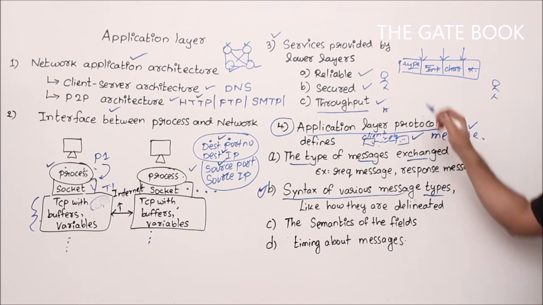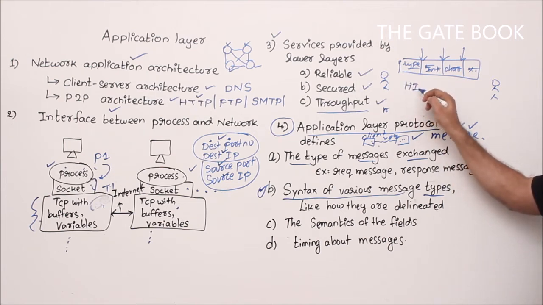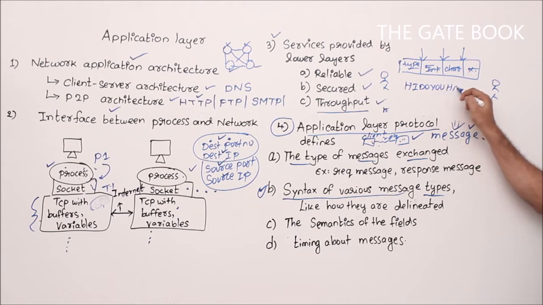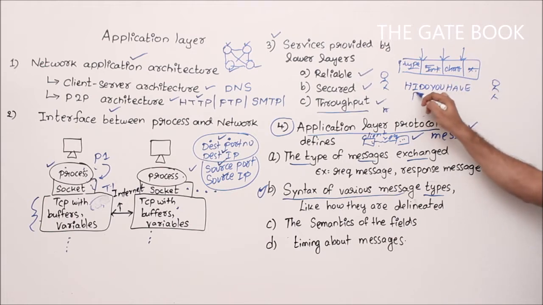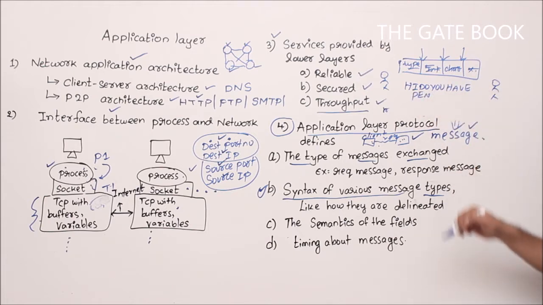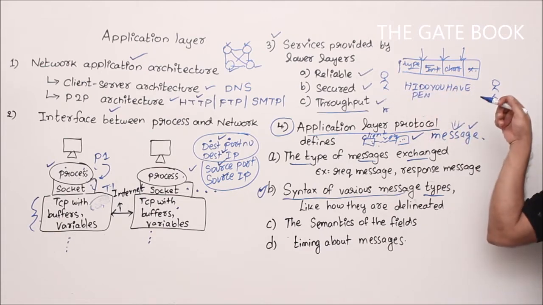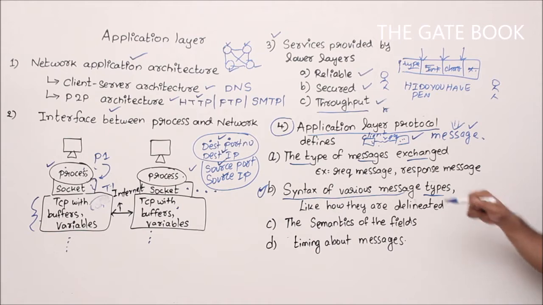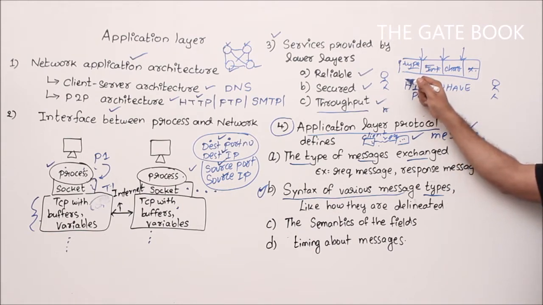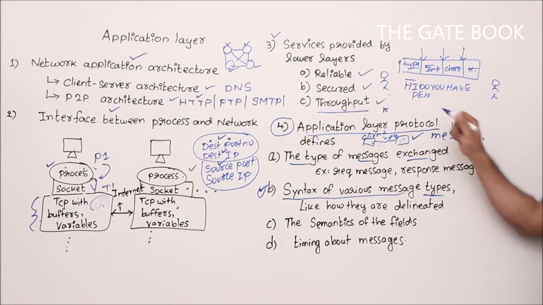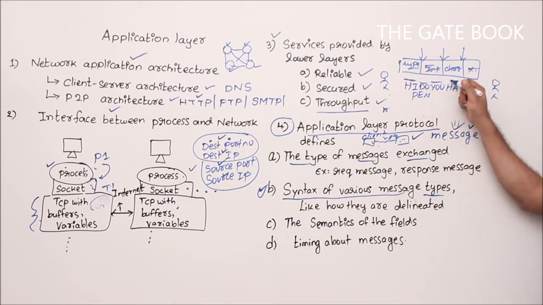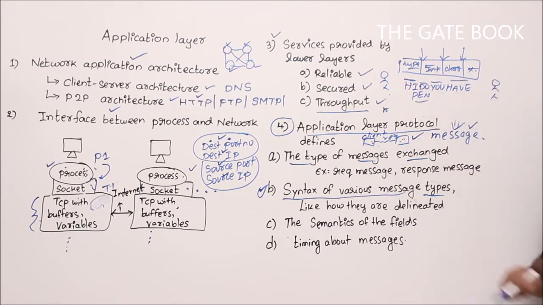And one more thing, see, "hi, do you have pen?" When you send this kind of message, if there is no protocol between them, how can the other person understand the meaning of this? Definitely there should be a protocol between these two people that says hi is one word, do is one word, you is one word, have is one word, pen is one word, right?